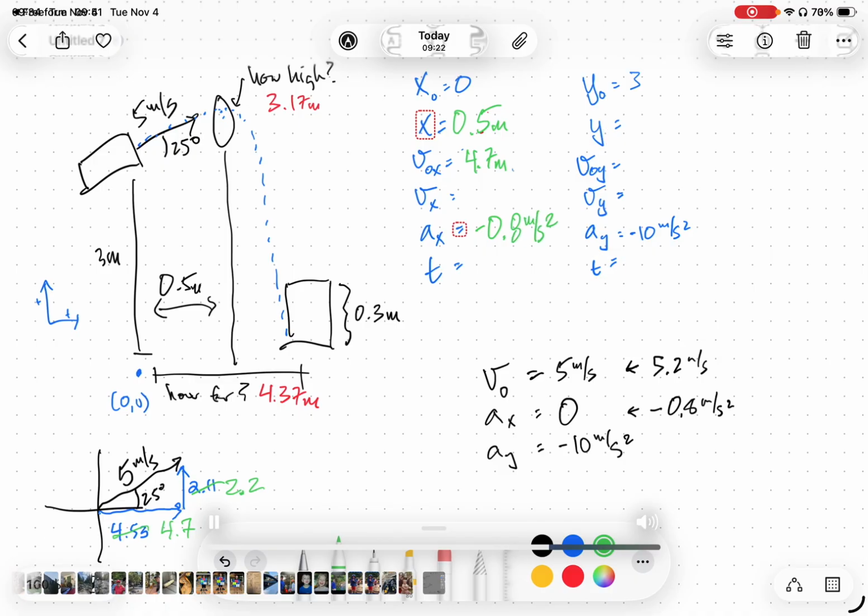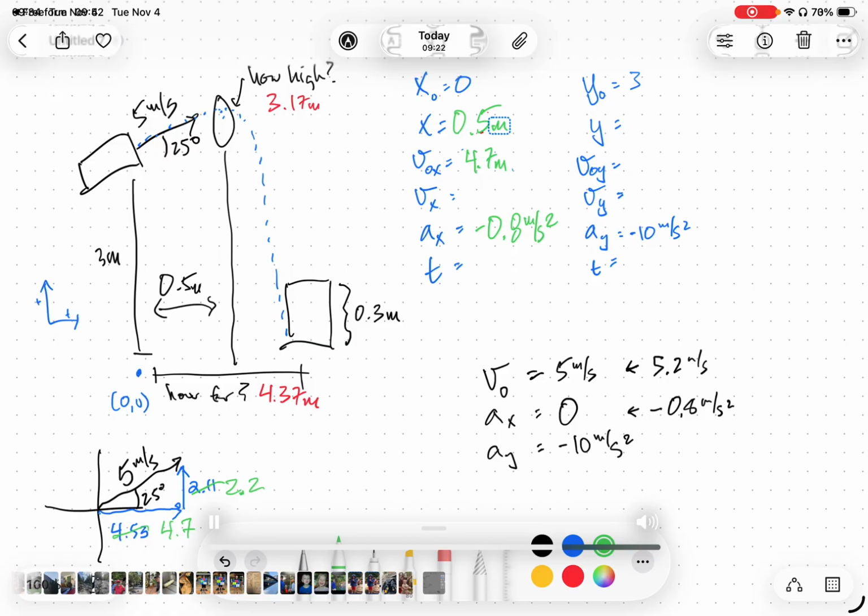And so let's see how long it takes to travel that half meter with an initial speed of 4.7 meters per second and an acceleration of negative 0.8 meters per second squared. Put that into the solver, and we get a time that's pretty close to the same time that we got last time.